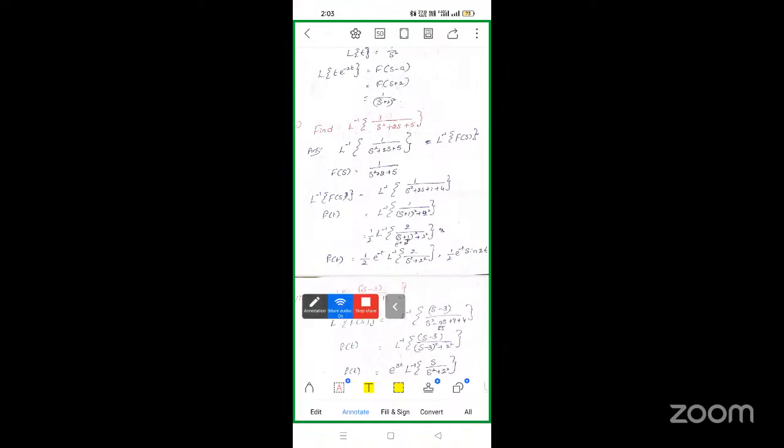So this is the final answer for L inverse of 1 by s square plus 2s plus 5.